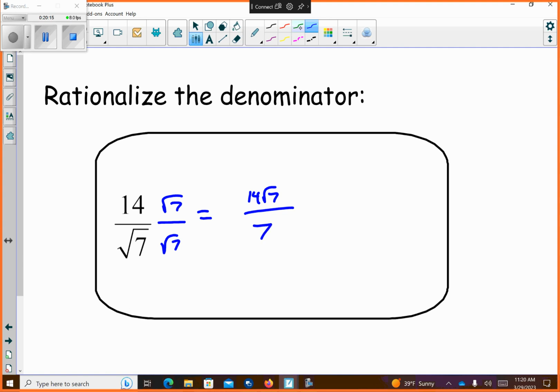Okay. Now you got to make sure you take care of this. This 14 is not in the radical, and this 7 is not in the radical. Agree? We have to reduce the fraction. How many times does 7 go into 14? Twice. So we reduce. So my answer comes out to 2 root 7. Well, it'd be 2 over 1. Oh, I could put it over 1, but a number over 1 is always the number.